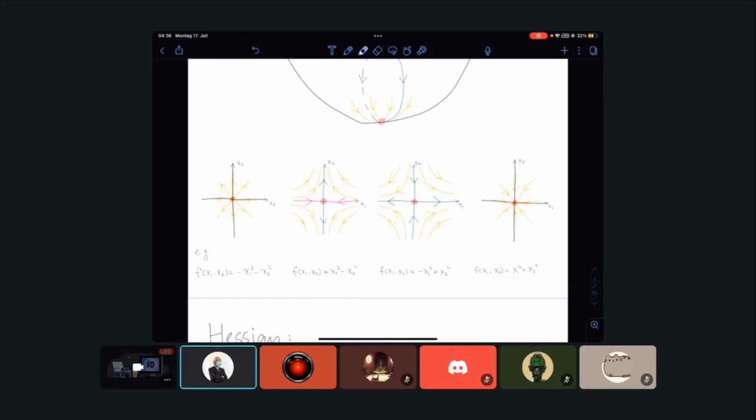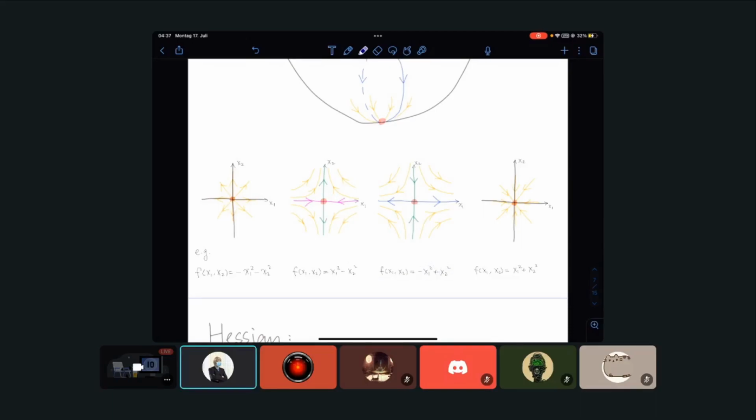Then if we go down one more level, it's going to look like this, because this blue guy eventually goes down here. If we follow the blue guy, they're going to converge to the second level critical point, and we can go further down through this blue line here, and the outside just fills the picture. You get these yellow lines. Locally the function will be minus x1 squared plus x2 squared.